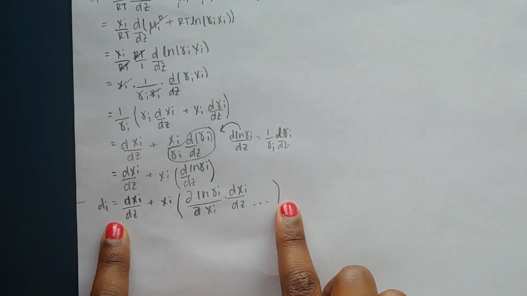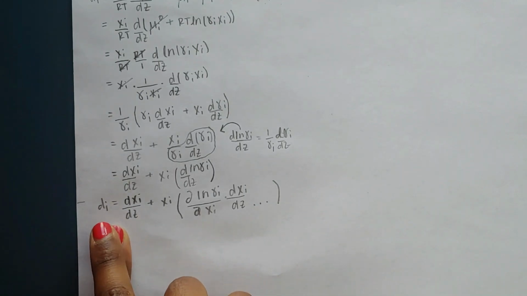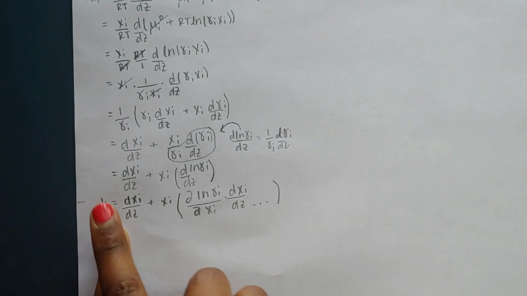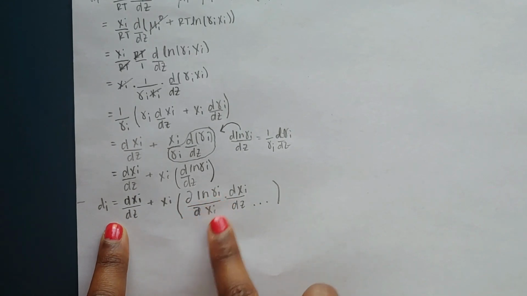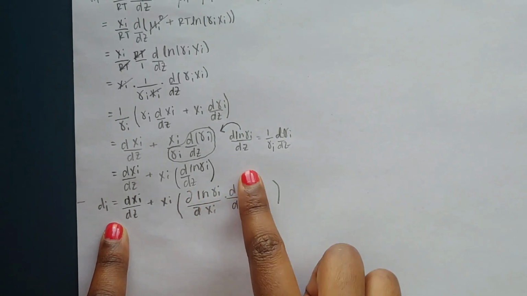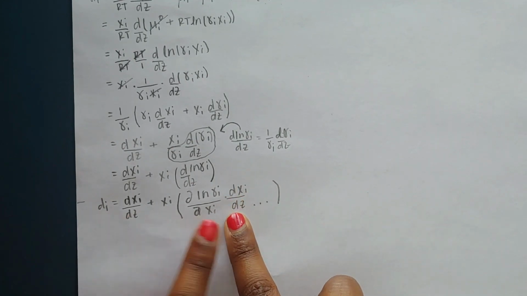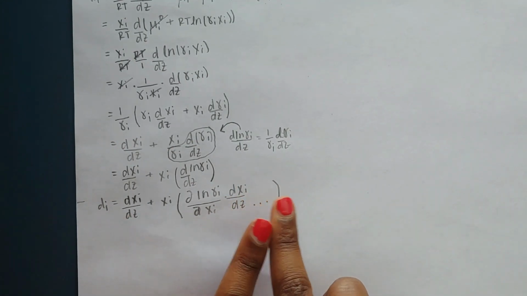So what this is saying is that we are looking at the driving force of each individual component, and we're seeing how the activity coefficient of that component is changing with respect to the mole fractions of the other components.